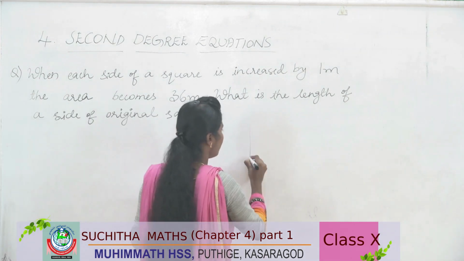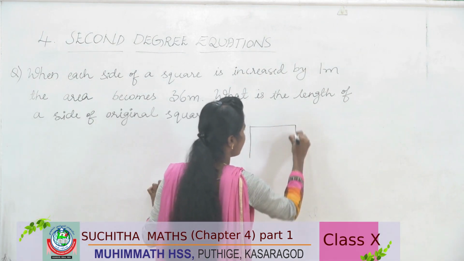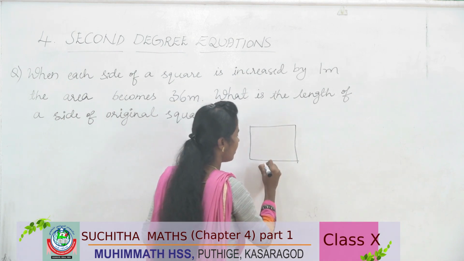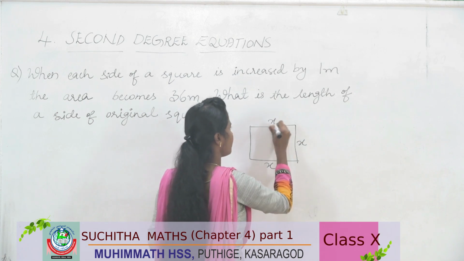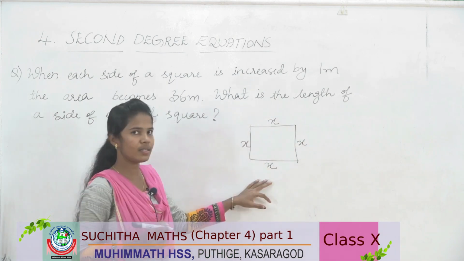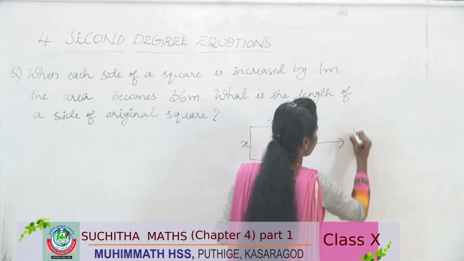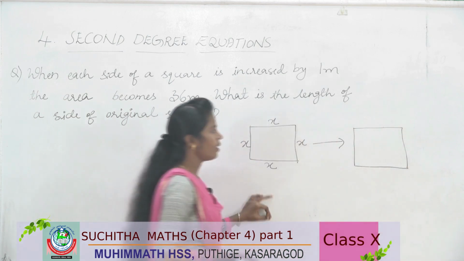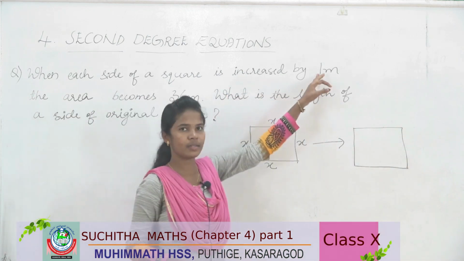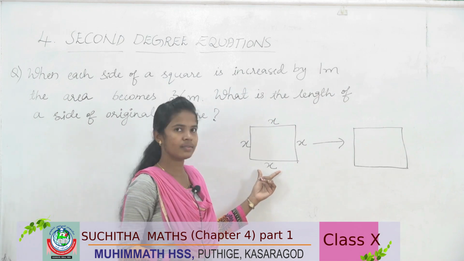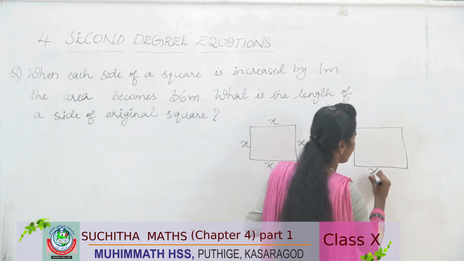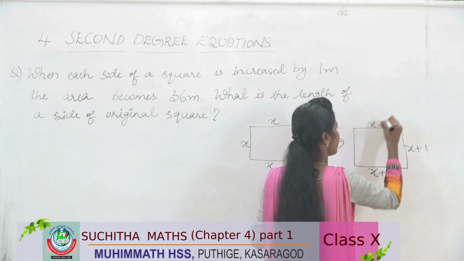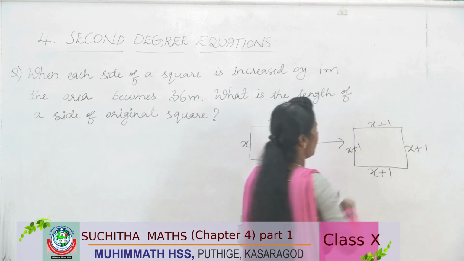So here also take one side of the square as x, and it is the original square, and in the question it is given that each side of a square is increased by 1 meter. So here one side x becomes x plus 1 because 1 meter is increased.